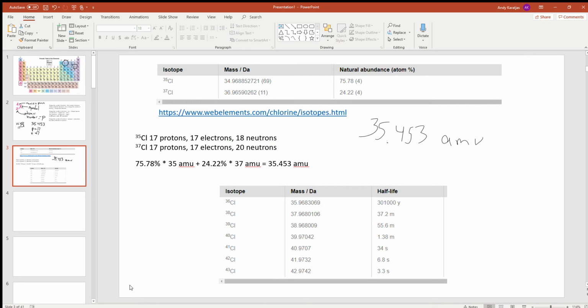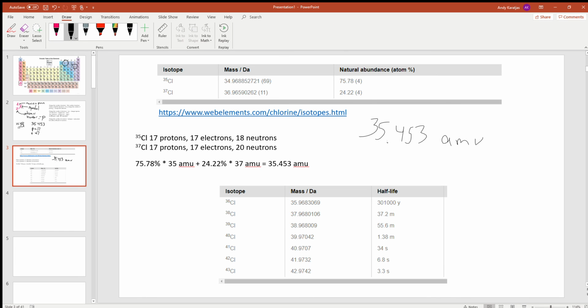You can see there is a chlorine 36, and it goes all the way up to chlorine 43. So chlorine 43 would now have 26 neutrons. But we don't take any of these into account when we're figuring out the mass of the atom. And the reason for that is these isotopes are unstable.